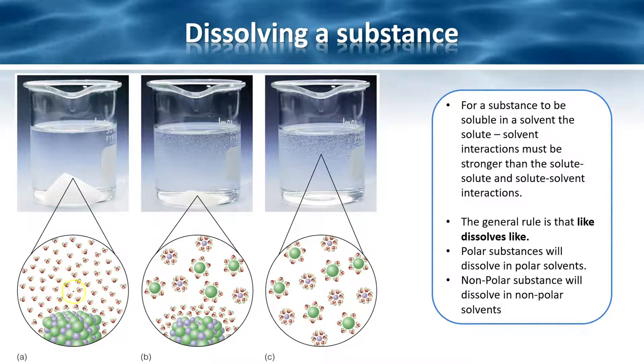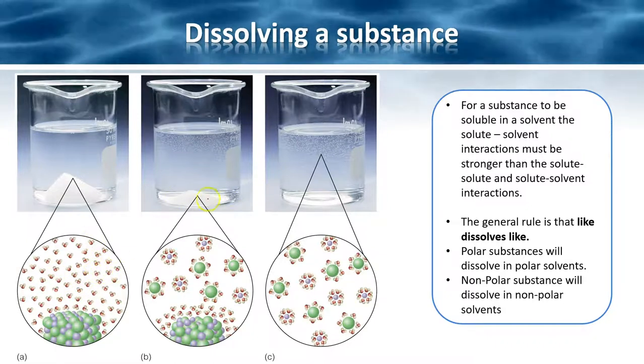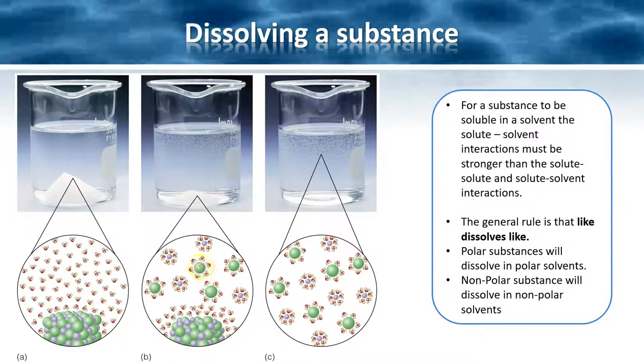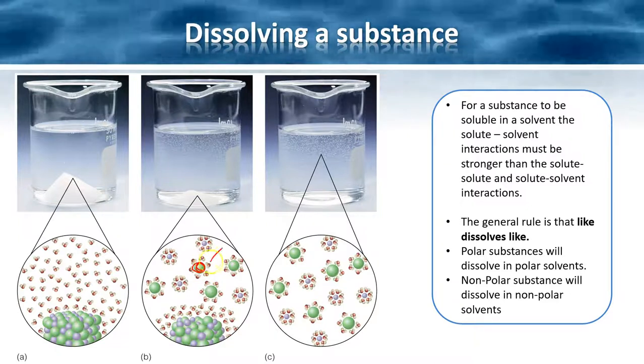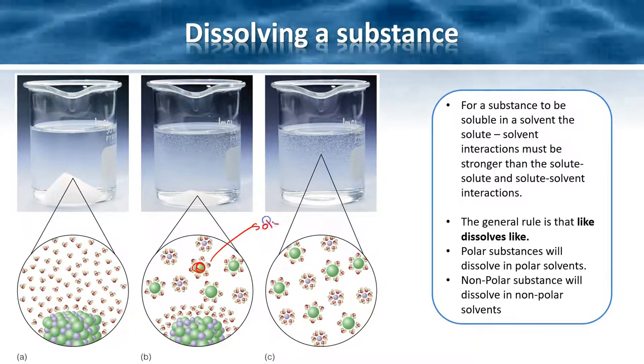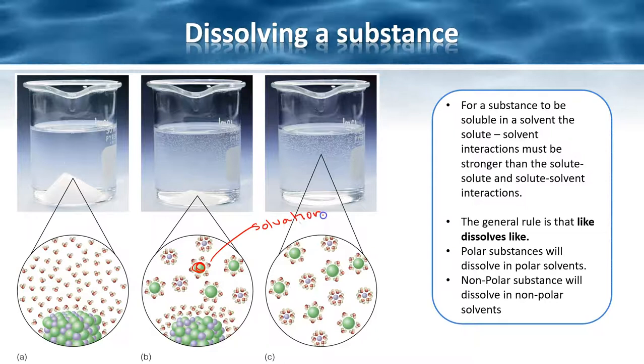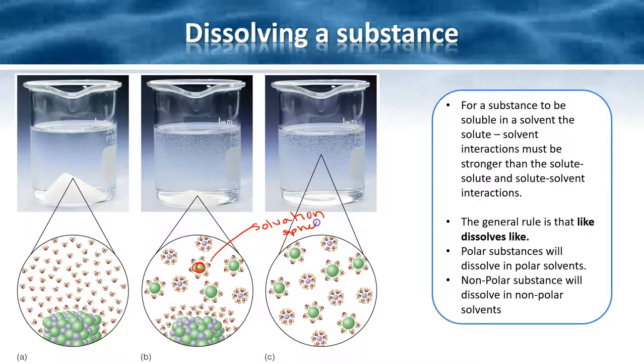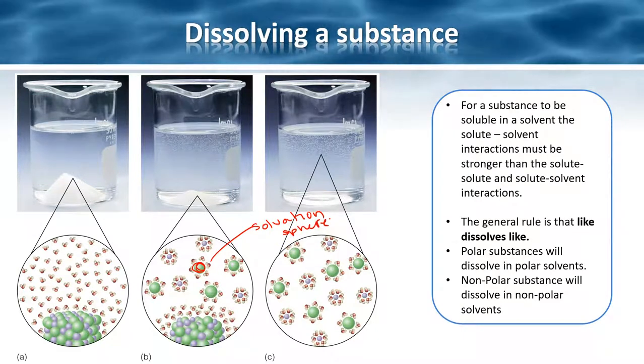So this is the dissolving of sodium chloride. Over time, we end up with more and more ions being surrounded in what we call a solvation sphere of water. This is the water surrounding our ions.